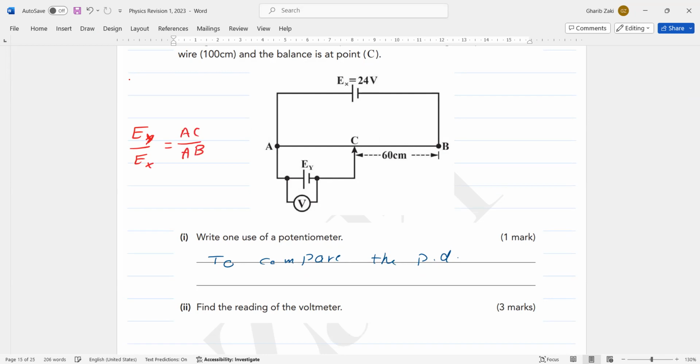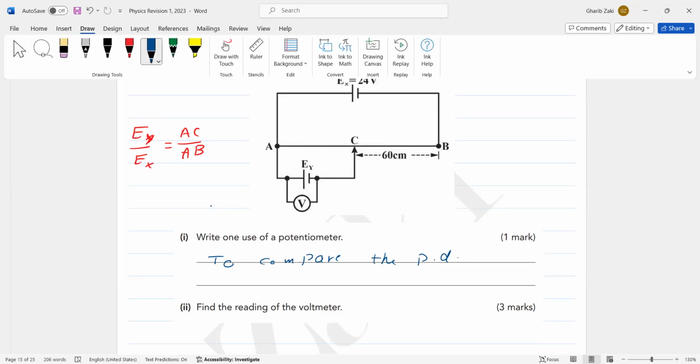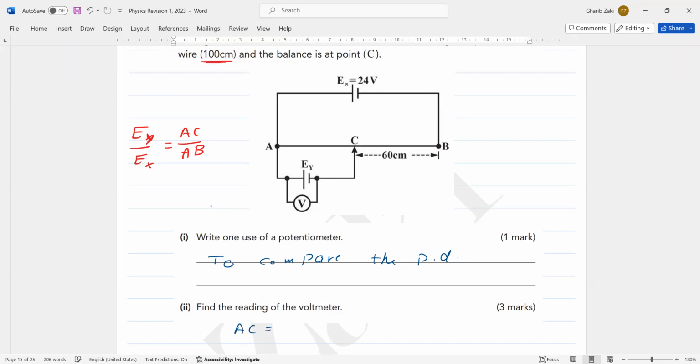Now, we need to get AC. He said here the wire is 100 centimeters. Then we can get the length of AC. So length of AC equals 100 minus 60 equals 40 centimeters.